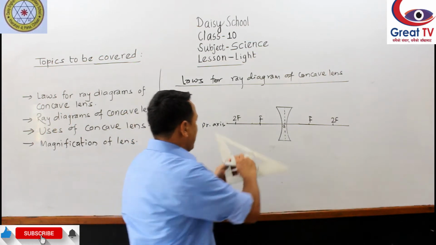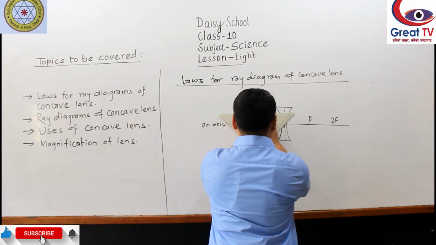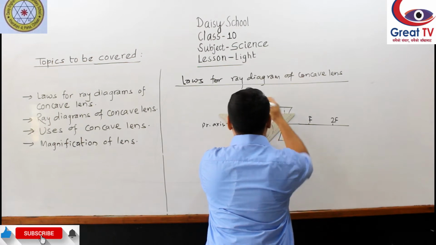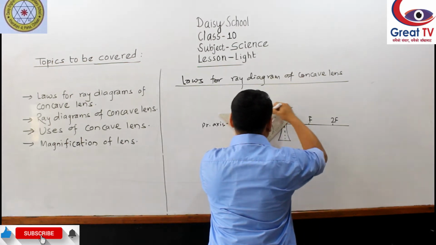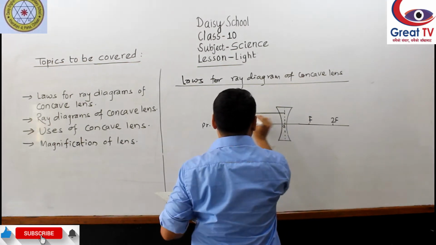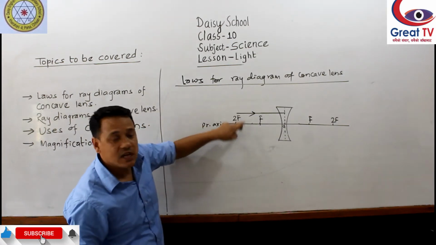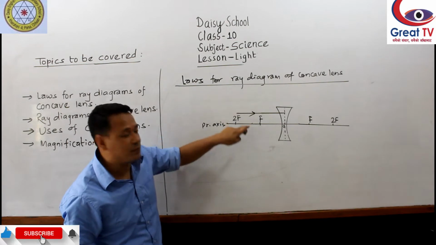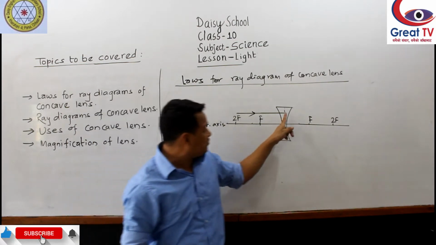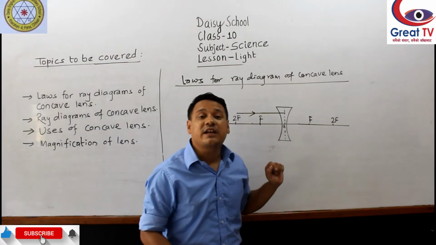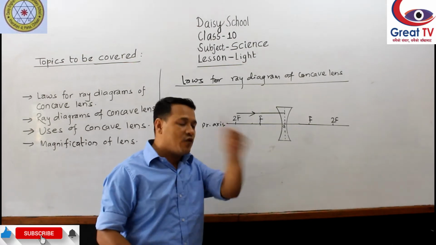So first rule, a ray of light parallel to principal axis. Let's say this is the ray of light parallel to principal axis. It diverges from the lens, but appears to diverge from the focus point.